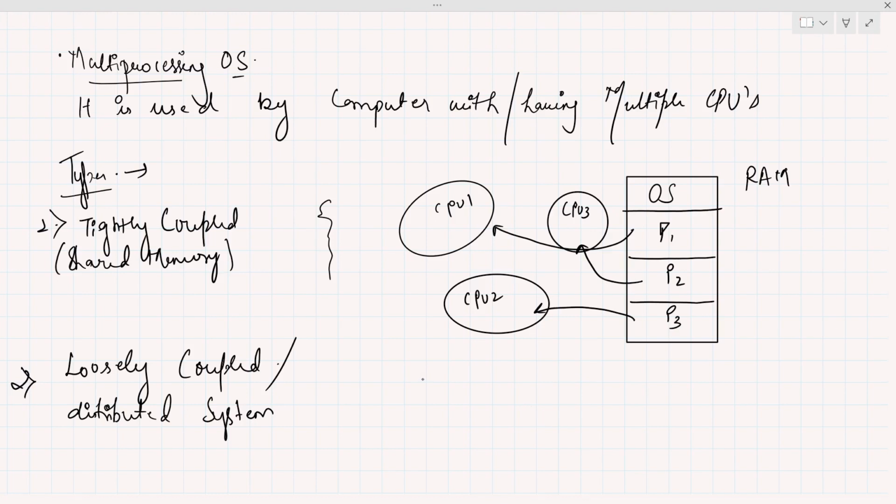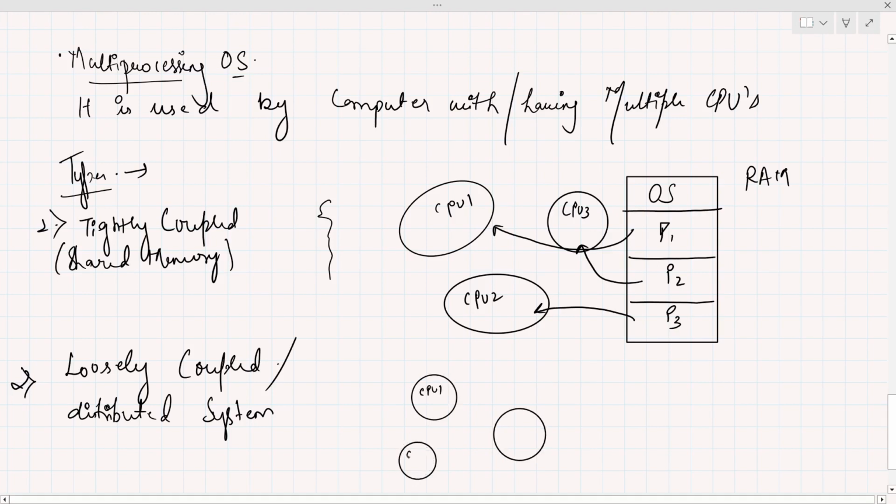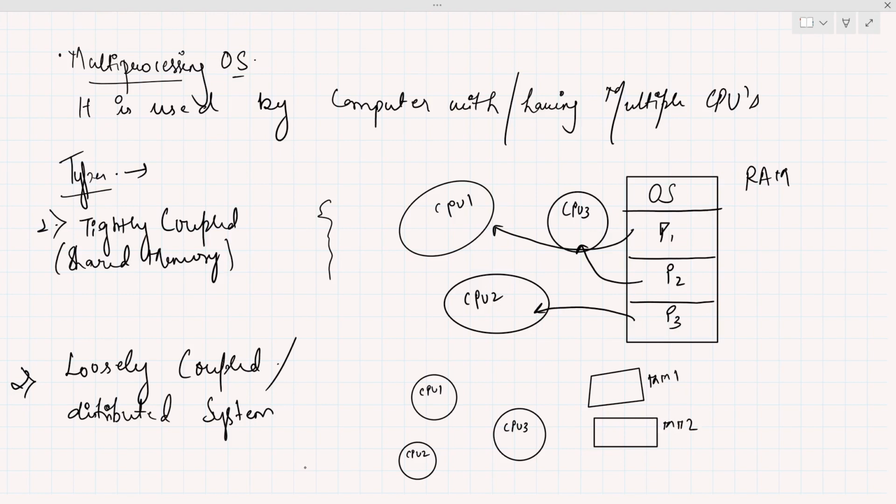In this case there are also many CPUs, like CPU 1, CPU 2, CPU 3, but we also have different main memories: main memory 1, main memory 2, main memory 3. So definitely we have different operating systems, because we know that the operating system is in the main memory, in the RAM.